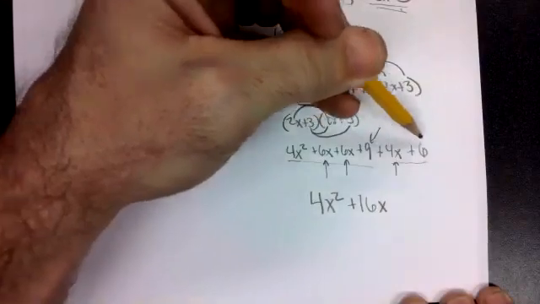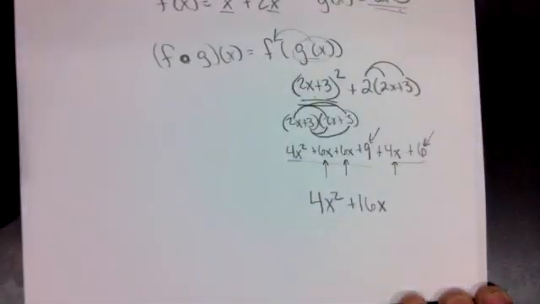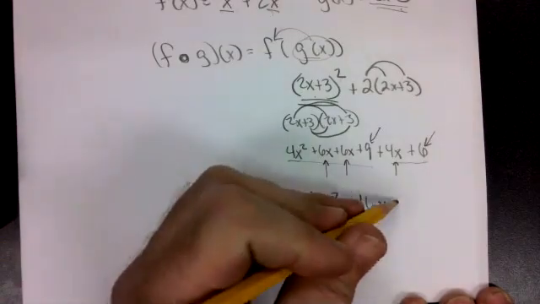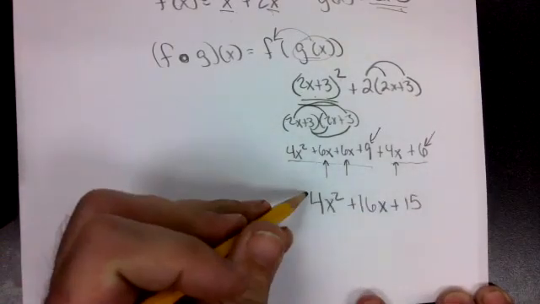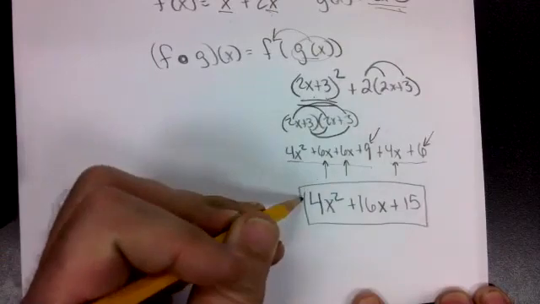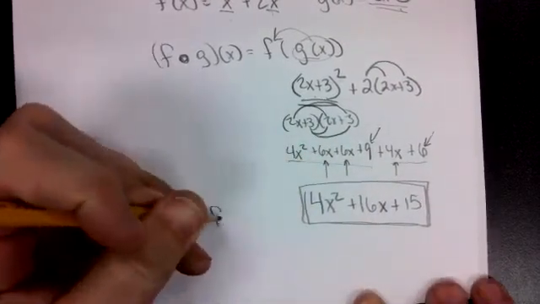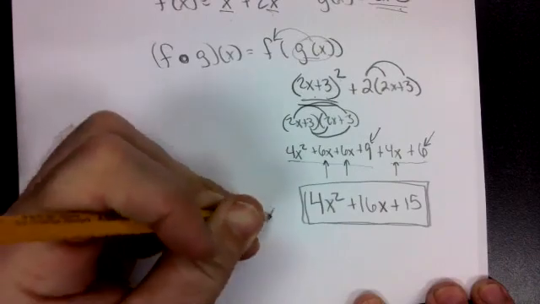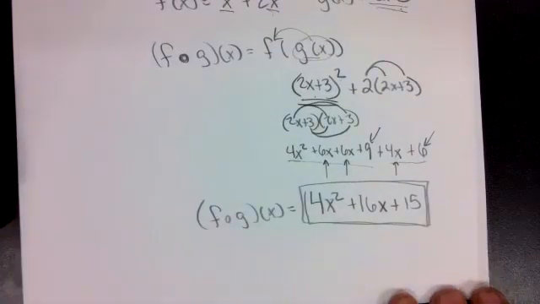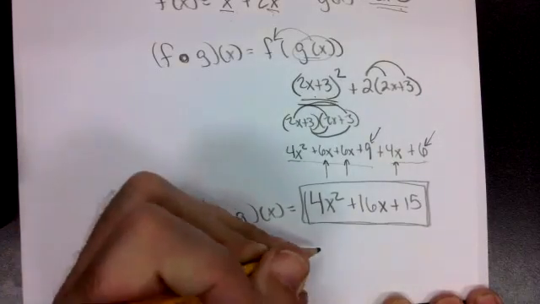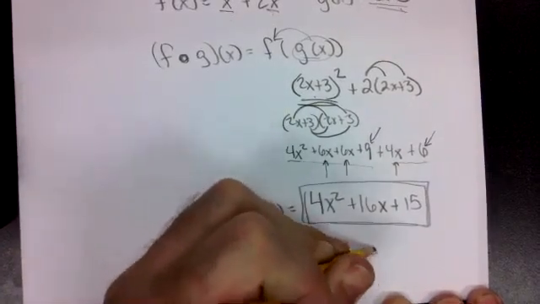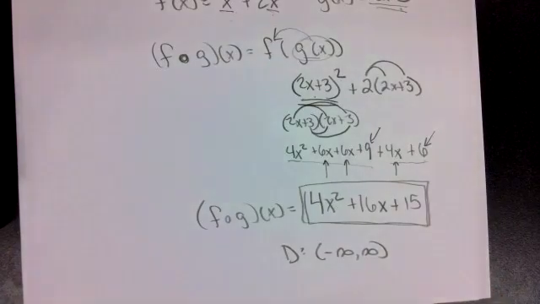And then the positive 9 and the positive 6, I can also combine. 9 plus 6 is 15. So this is my f of g of x. Again, with no limiters, if they ask for the domain, this would be an all real numbers situation.